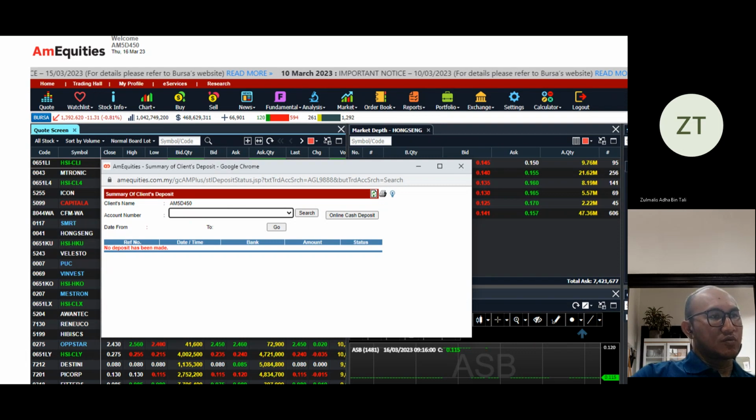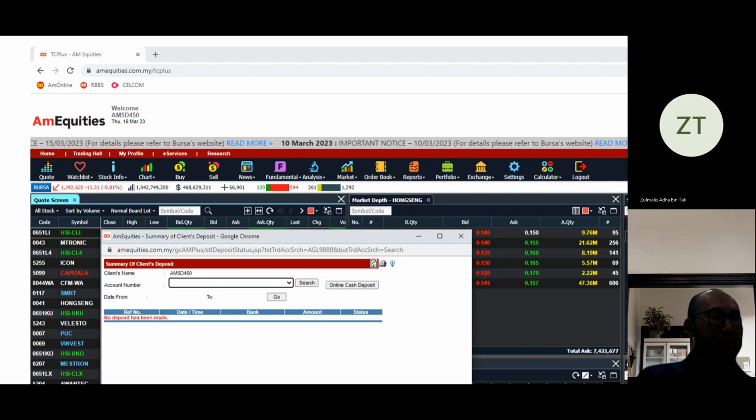For those of you who wish to do e-settlement, if you have any outstanding purchase that you wish to settle yourself, you should see contract purchase here. You just need to choose it and then click online cash deposit.